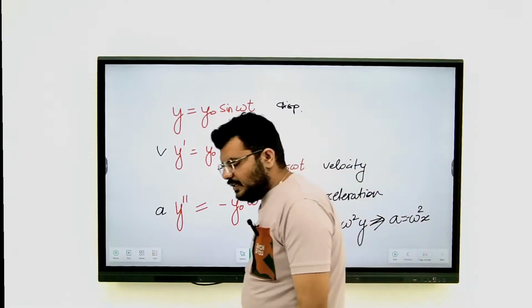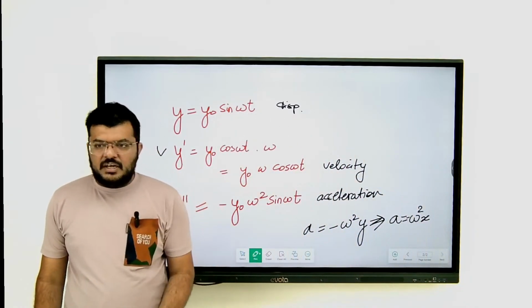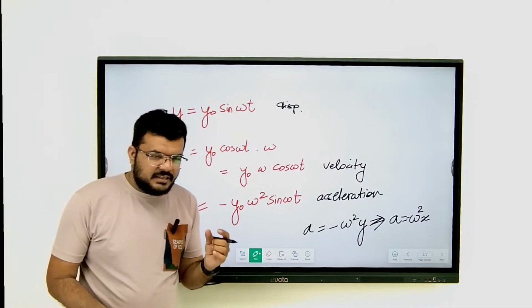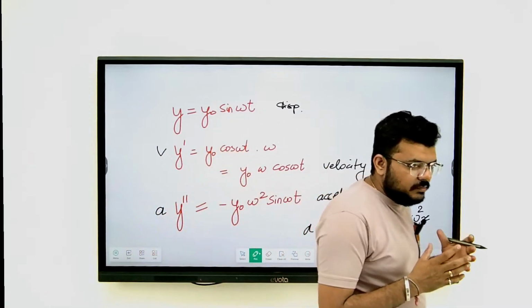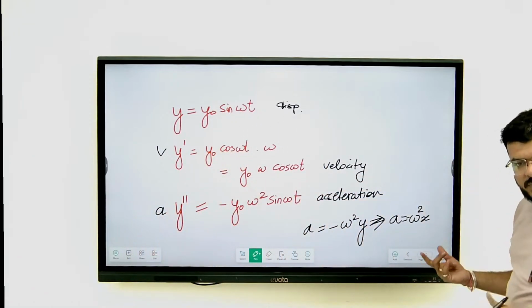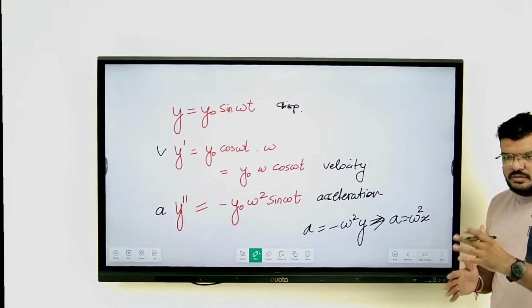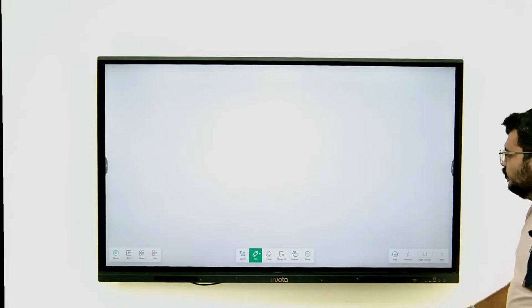Here acceleration and displacement are in opposite direction. That is what the sign minus signifies, right? With this, a body that obeys this equation is undergoing a simple harmonic motion. Makes sense? Now, what does this mean?